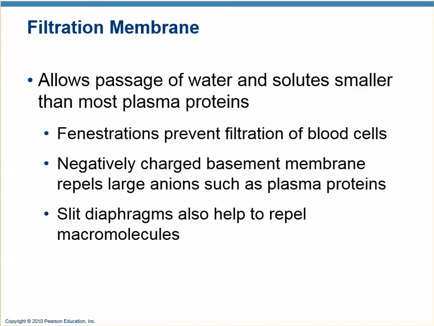This allows for the passage of water and small solutes. Plasma proteins don't make it in, neither do blood cells. There's a negative charge that also helps repel the proteins, but that's really neither here nor there. It's basically that the holes are small. So it's really a semi-permeable membrane, as it were.